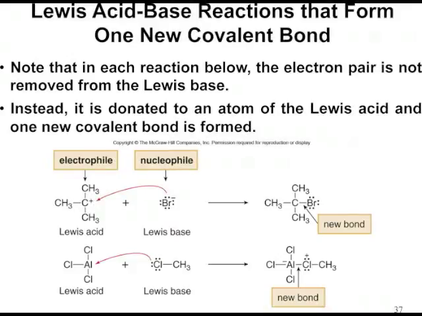Because aluminum is in the third column of the periodic table, it has only 3 outer electrons, and therefore if it binds to 3 chlorines, it still has only an electron sextet, and that makes it a Lewis acid.